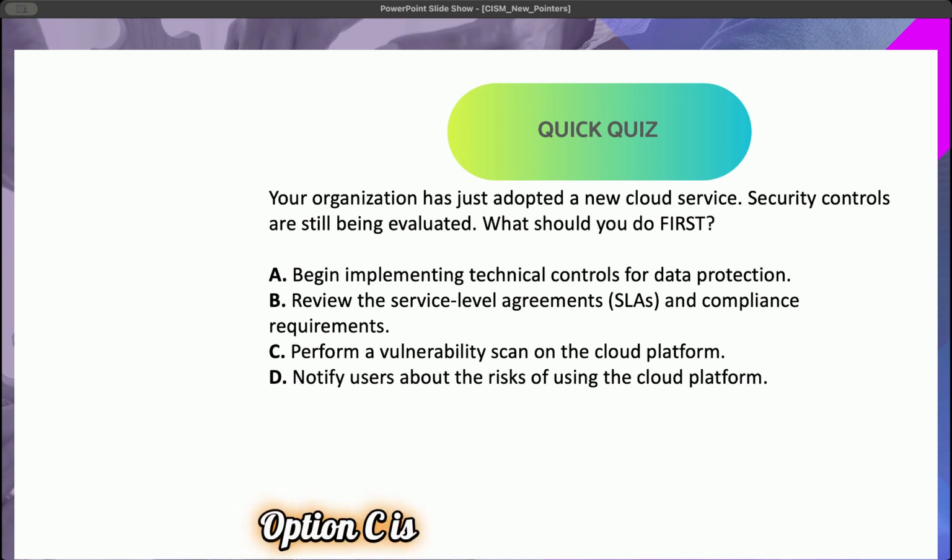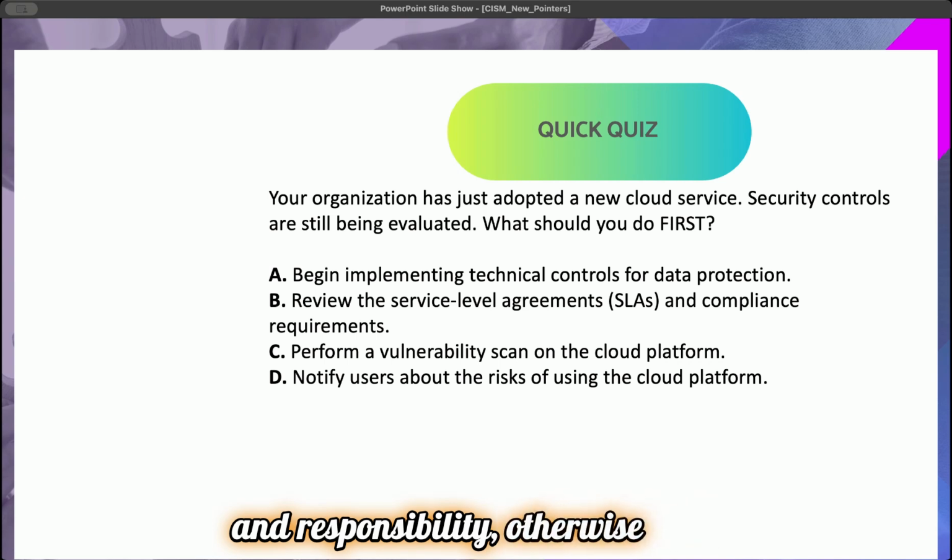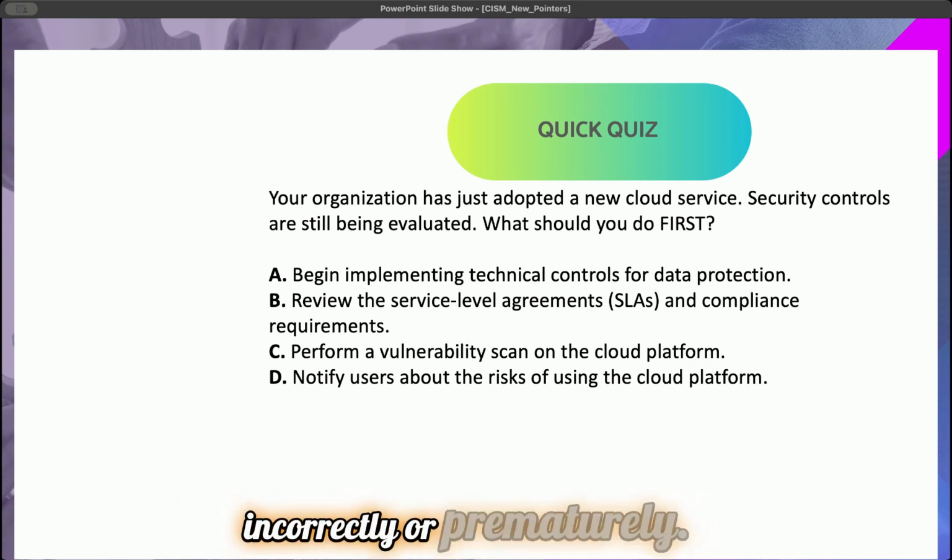Option C is not advisable without permission, because cloud providers usually restrict this, and it could violate the terms of service. Also, scanning doesn't help if you don't understand your compliance and legal context. Option D, communication is important, but you first need clarity on the risk and responsibility. Otherwise, you may communicate incorrectly or prematurely.